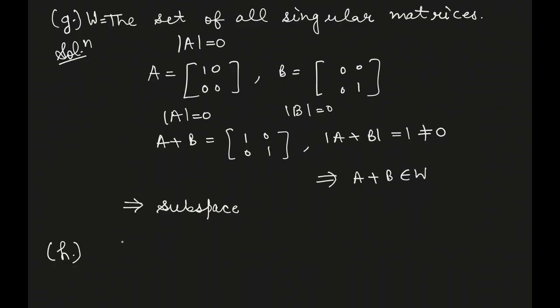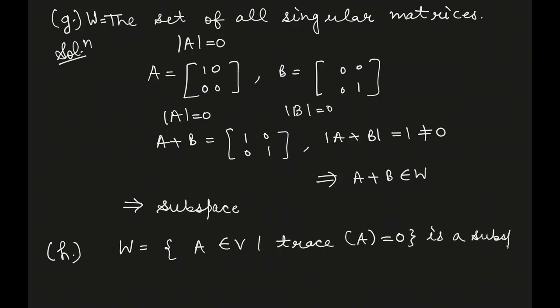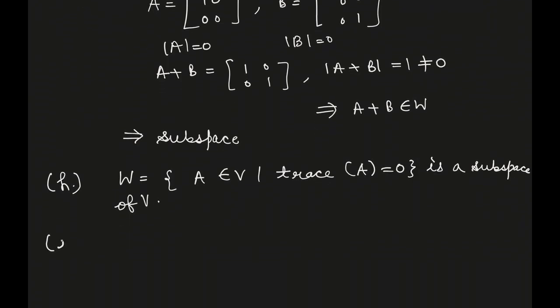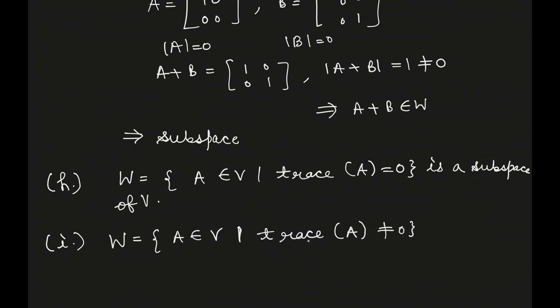Similarly, if W is a set where A belongs to V such that trace of A is 0, then it is a subspace. And if I take W as A belongs to V such that trace of A is not equal to 0, then is it a subspace or not?